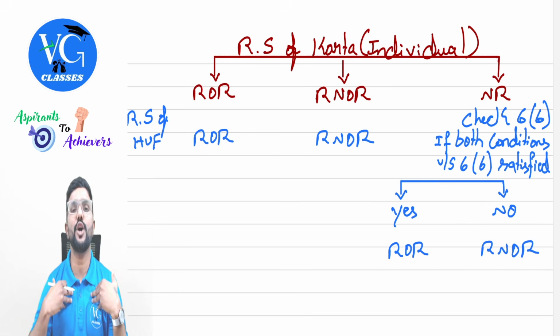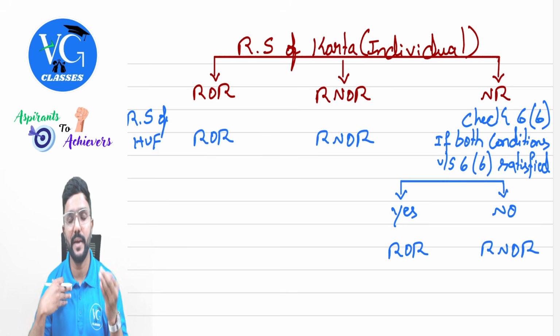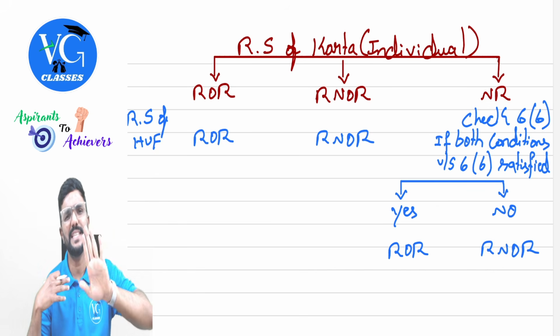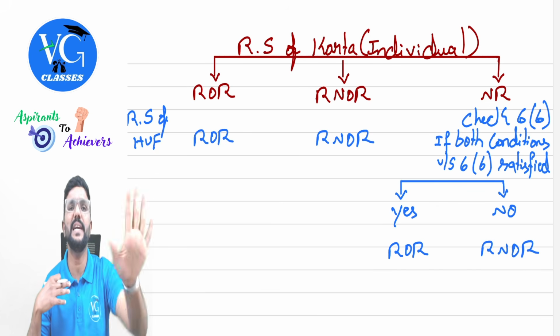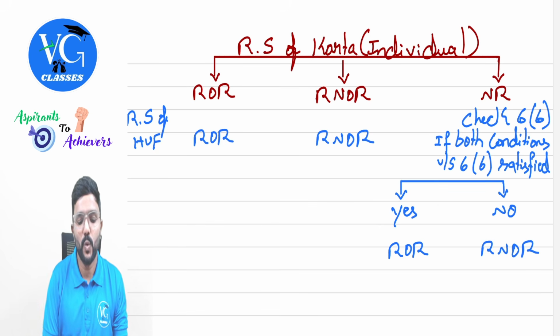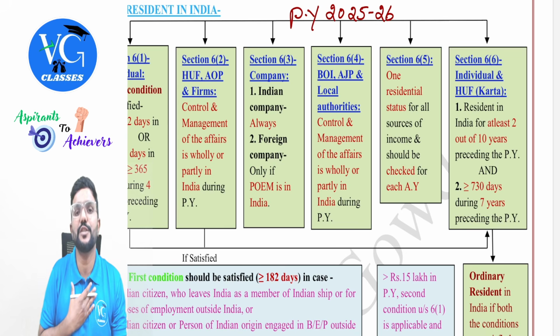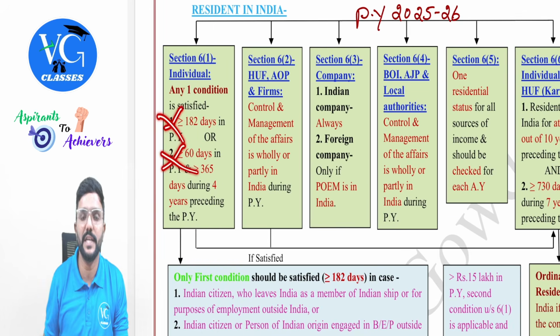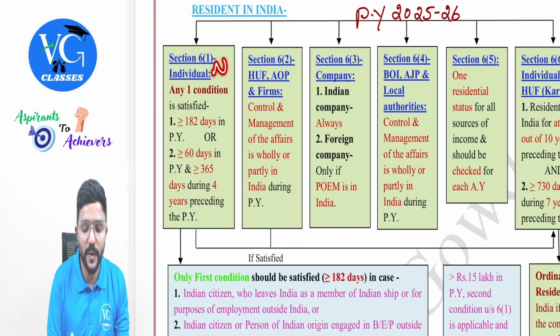Assume, guys, I am the Karta of an HUF. I am in India during the previous year only for 50 days. Whereas in the past, I was completely in India. So when I am checking the residential status of an individual, that is me as a Karta in individual capacity, I would not have satisfied both the conditions. So I would become non-resident.